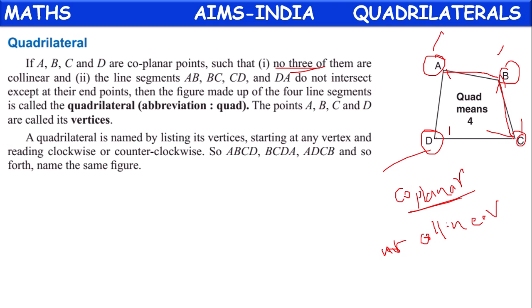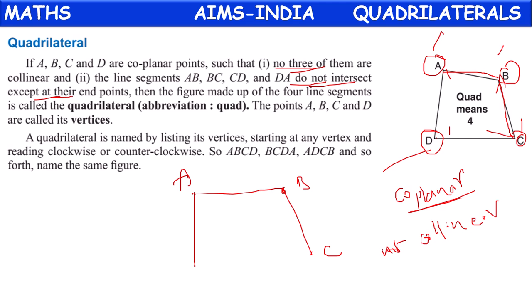CD and this one DA, they do not intersect except at their endpoints. You can observe this AB line, BC line, they are intersecting at B point, which is an endpoint of AB and also an endpoint of CB.